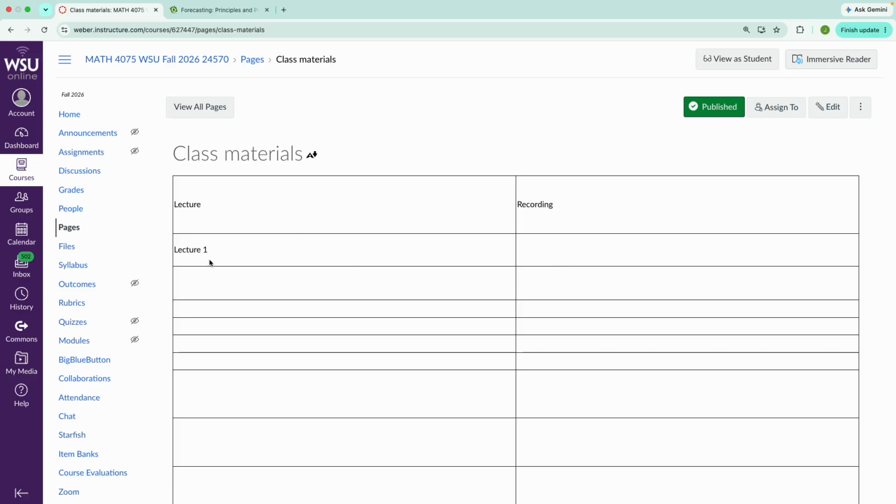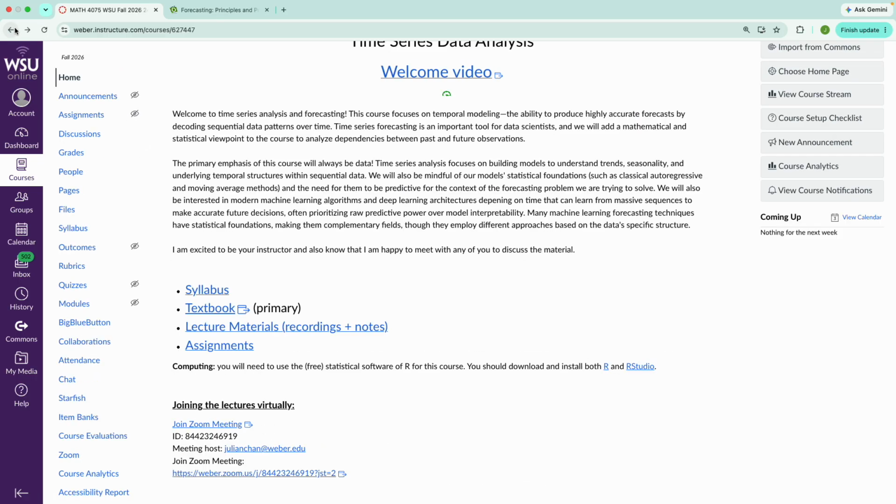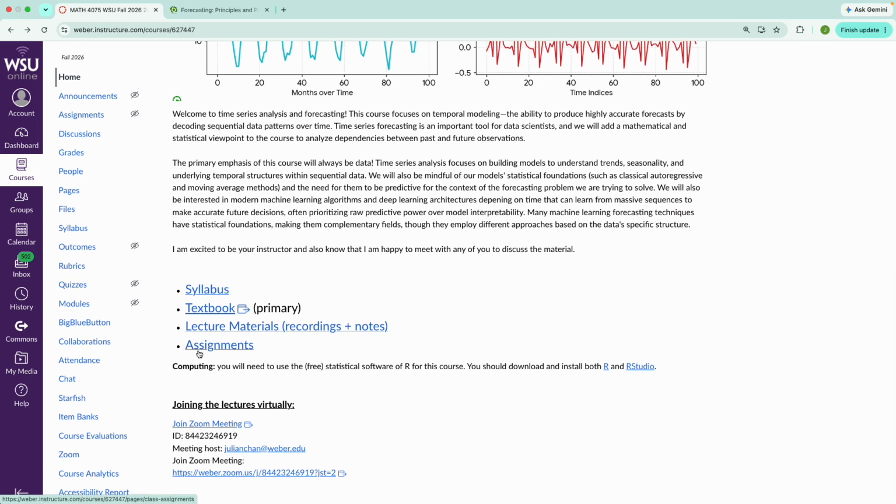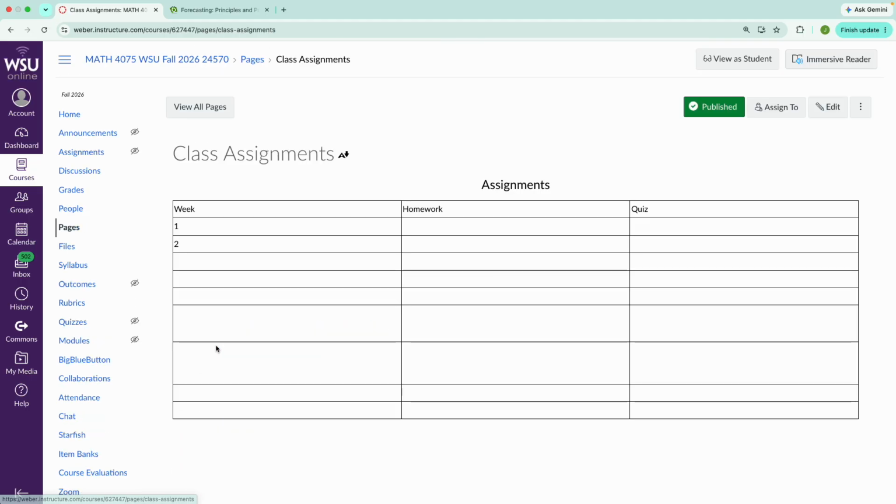What goes here on this left hand side is the RMD file, the R notebook that I'm going to use for my lecture. So you can access that at any time after the lecture's been given. Your assignments are going to be listed right here. I expect generally there'll be a homework or a quiz that you go over.